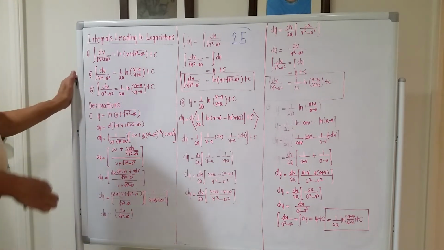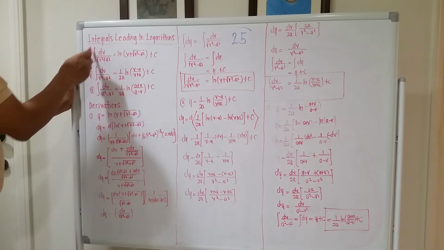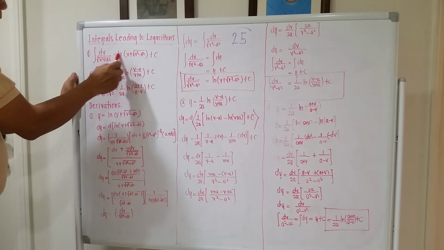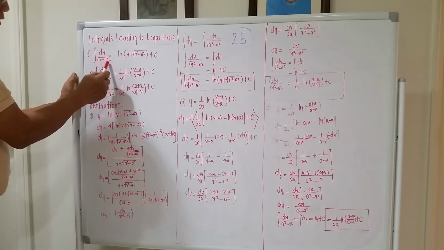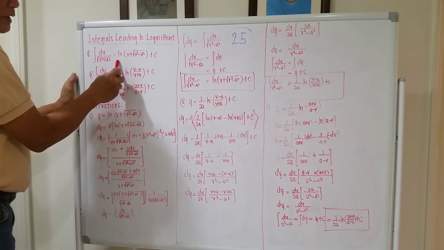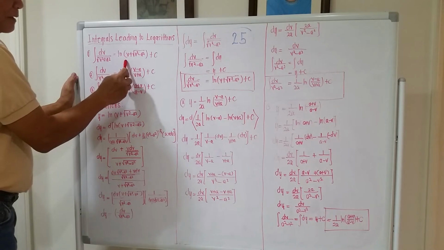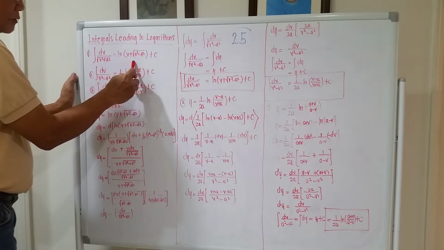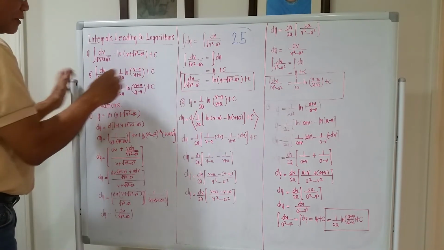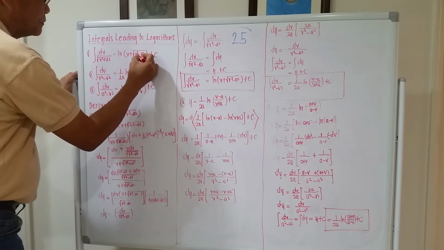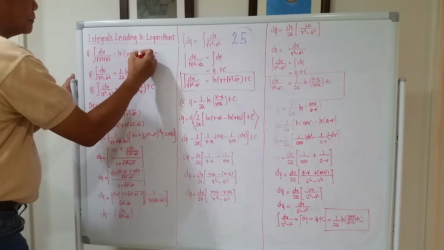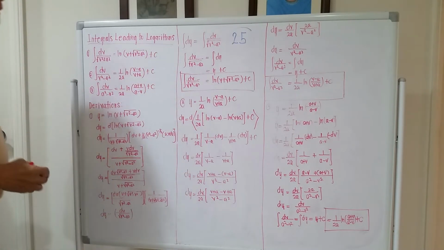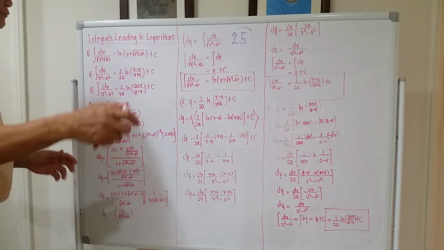Formula number 1: the integral of db over the square root of b square plus or minus a square equals the natural logarithm of the quantity b plus the square root of b square plus or minus a square, plus c. Okay, that's formula number 1.